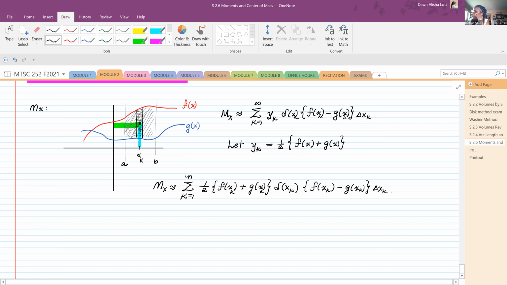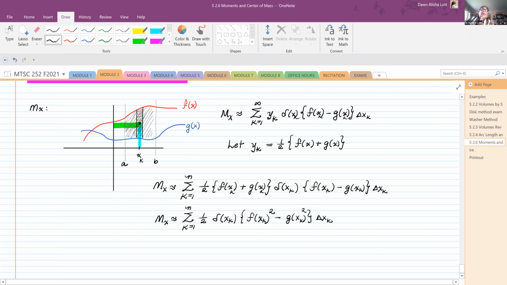So skipping all the particulars, I get Mx becomes approximately the sum k equals 1 to n. I get 1/2. And if I take f of xk plus g of xk times f of xk minus g of xk, and I FOIL that, I get delta of xk times f of xk squared minus g of xk squared delta of xk.